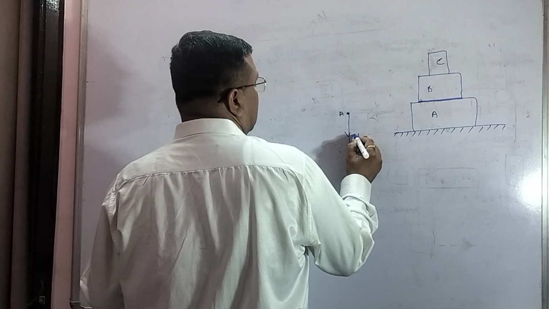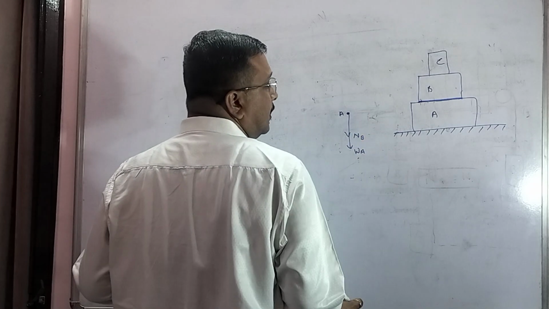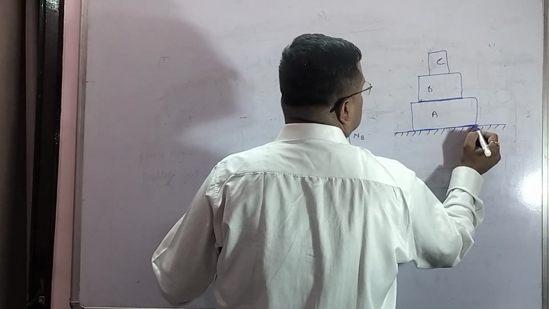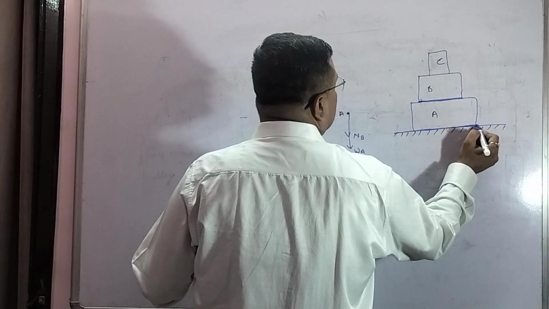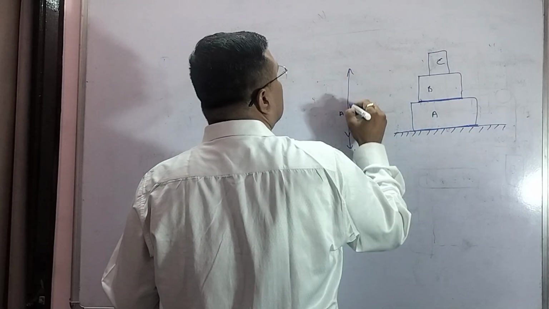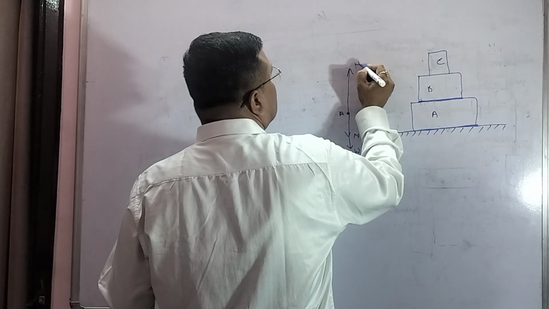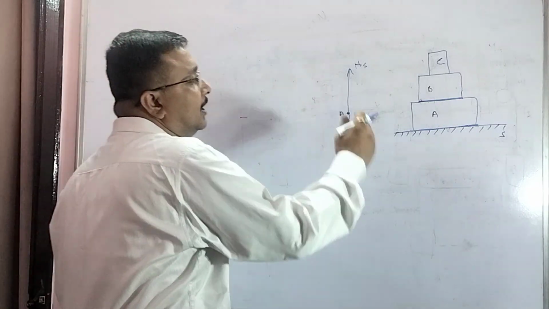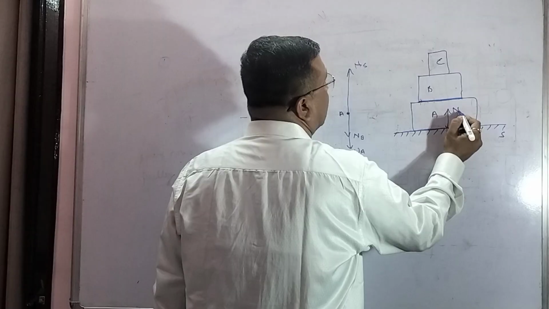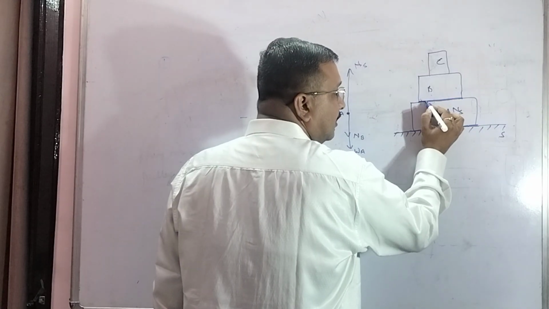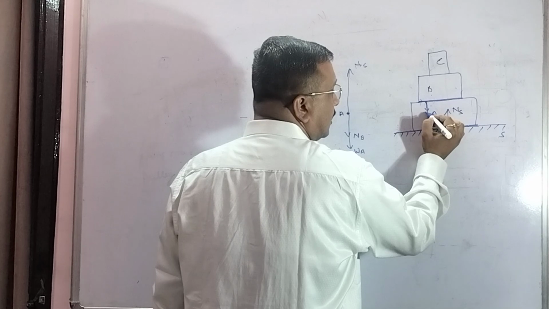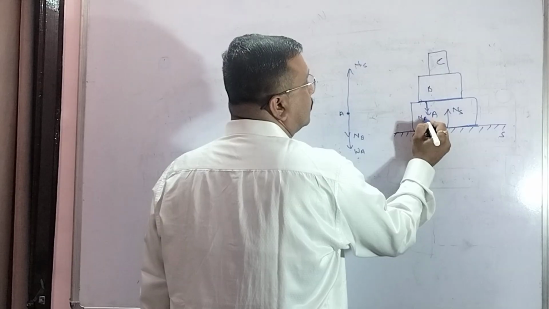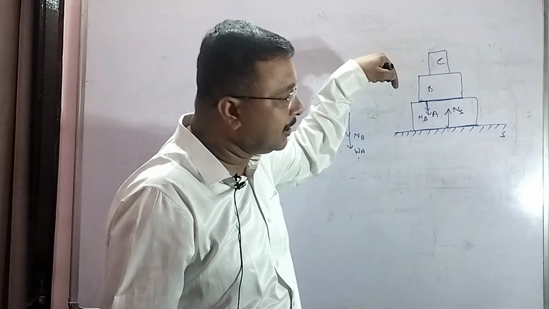This will be N due to B, and this is also in contact with A, so normal reaction due to this surface S, suppose this surface is L, will be in upward direction. यहाँ पे ये NS है अपना और ये B एंड ए का फोर्स लगाएगा, एन बी का फोर्स लगाएगा ए पे, वह डाउनवर्ड डायरेक्शन में लगाएगा.